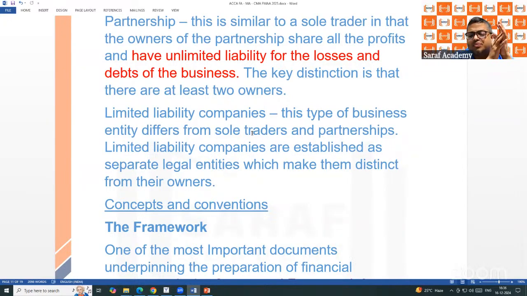The concept is different. When we prepare accounts, books of accounts, recording, the type of entity is relevant. It affects the accounting, transaction recording and all that. For that reason, they have covered the types of entity, because normally when we study 11th, 12th BCom, it is business organization, different types of business entity.